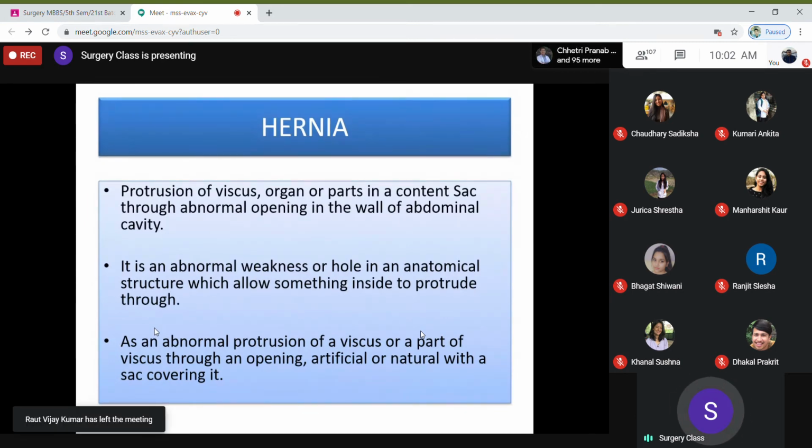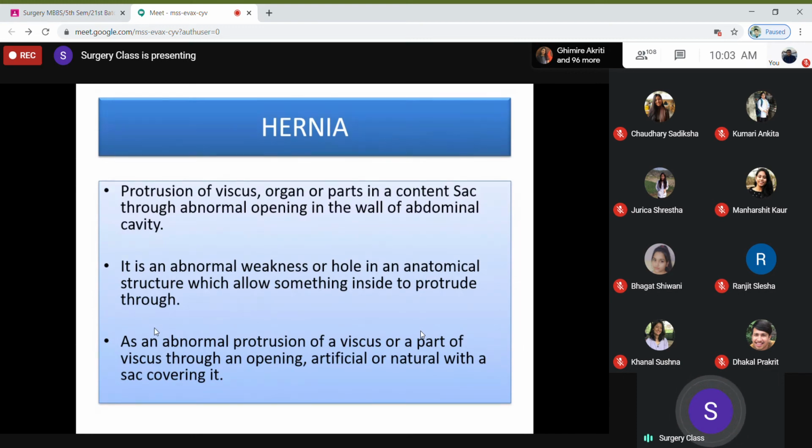Because of weakness, or because there is already a hole, an anatomical structure, sometimes they protrude out through that hole, like the internal ring. The internal ring is a hole which closes by itself during birth. If that hole is patent, the parietal peritoneum will come out from that hole, come out through the external ring, and present as a hernia.